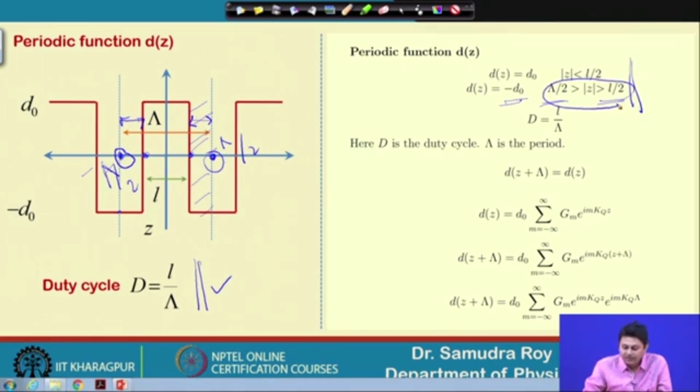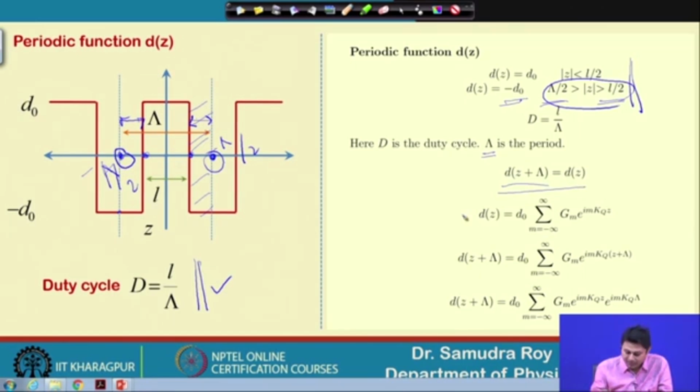So, we define the D function, and based on this function we can try to find out what the functional form should be. One thing one should note is that D has a periodicity lambda. So, the D function should be written in such a way that D of z plus lambda should be equal to D of z. This is the form of a periodic function, we know that.